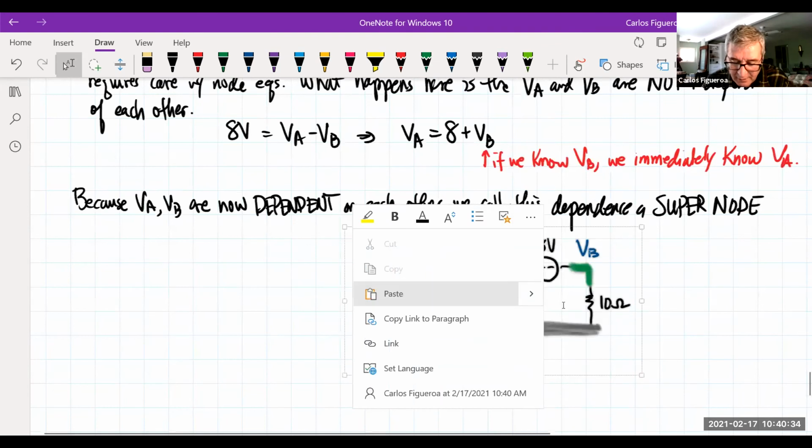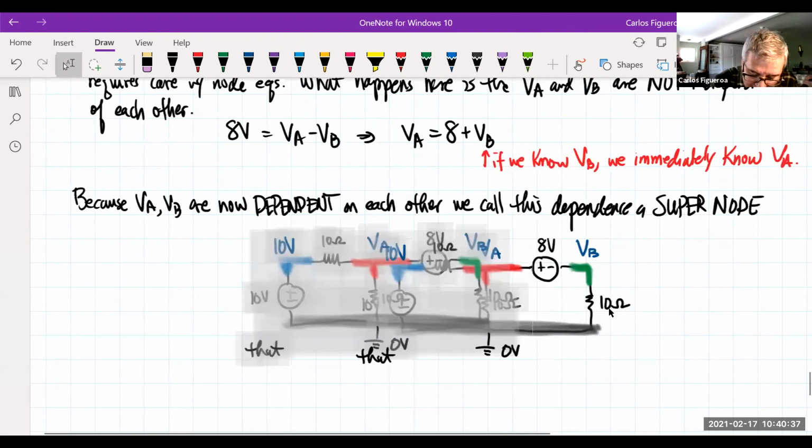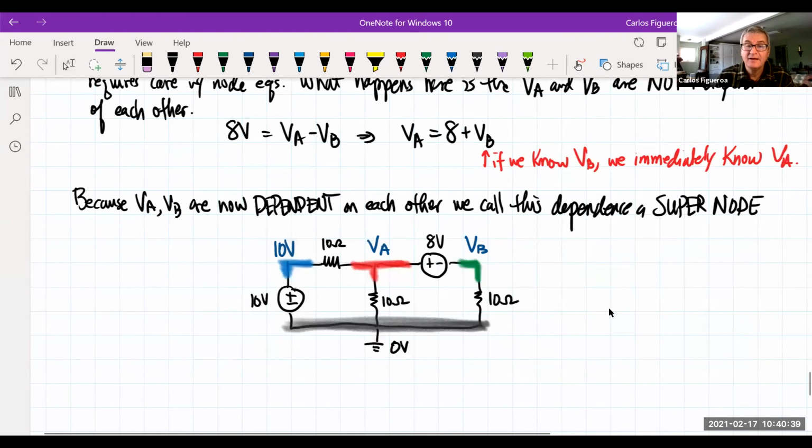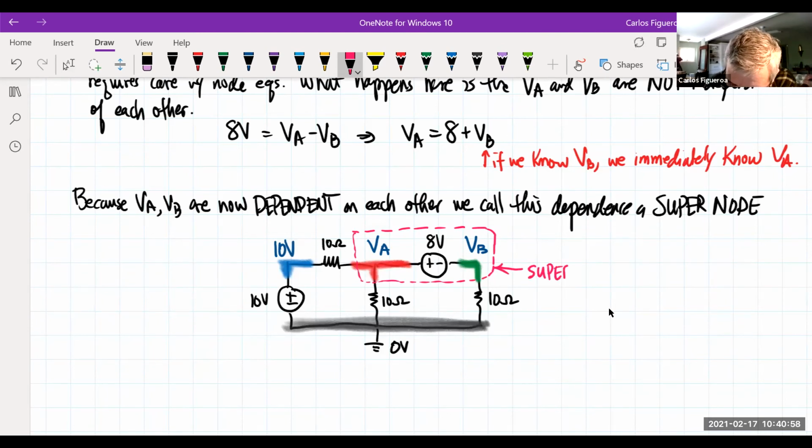We come in and we draw a dashed line to show you that there's a dependence between these two. So we draw a dashed line like this, and this is customary. And this guy is what we call the supernode.